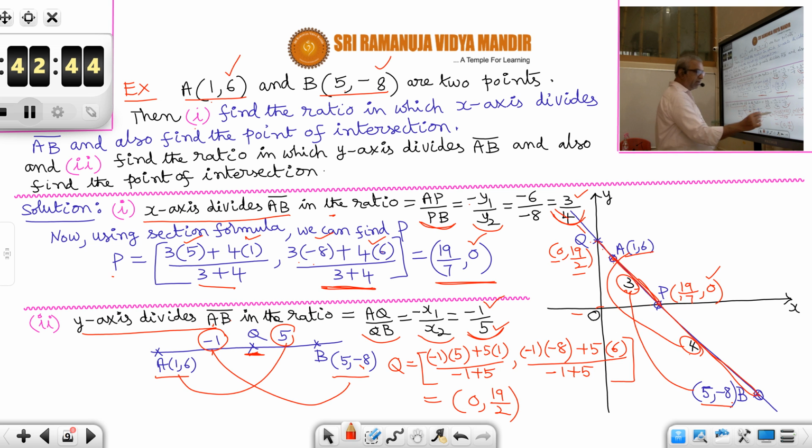Minus 1 into that y coordinate minus 8 plus 5 into this y coordinate 6 by minus 1 plus 5. So here x coordinate is minus 5 plus 5, 0. Here 8 plus 30, 38 by 4, 38 by 4 is 19 by 2. So (0, 19/2) is the point of intersection with the y-axis for the line segment AB.